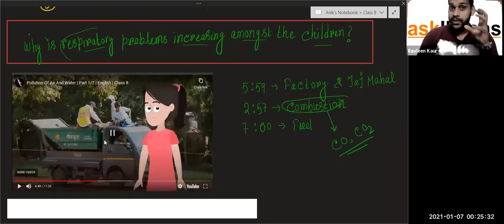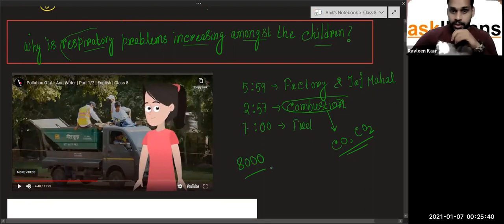Exactly. So now I think you can see 8,000 to 9,000 metric tons. Let me tell you, 1 metric ton means 1,000 kgs. Now think about it.